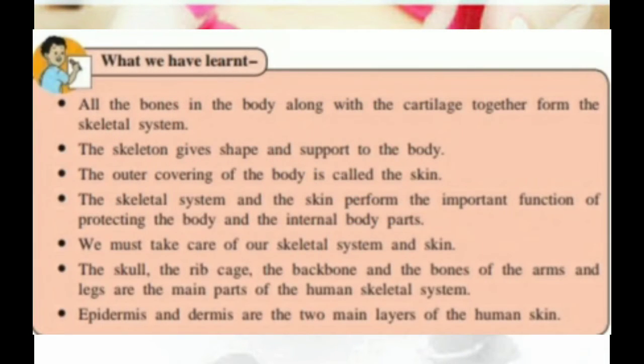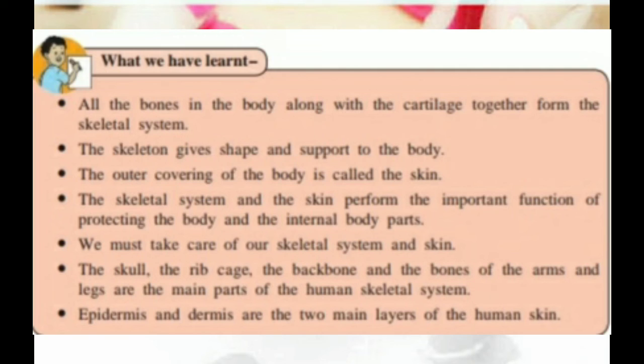Before we end today's discussion, let's quickly revise all that we have learnt in this chapter. All the bones in the body, along with the cartilage, together form the skeletal system. The skeleton gives shape and support to our body. The outer covering of the body is called the skin.